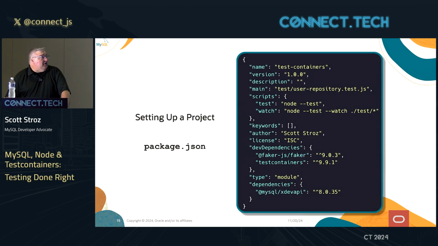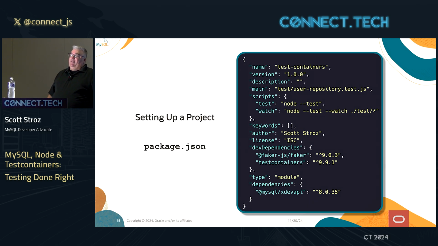So for this particular project, the package.json looks like this. The things you want to note is the dev dependencies has a project called Faker and then test containers. Faker is a great library in Node that allows you to mock data. I actually used to have a thing that I did on my own, so I would have another class that generated random strings, random numbers, stuff like that, but Faker's so much better because it can do it so much more streamlined.